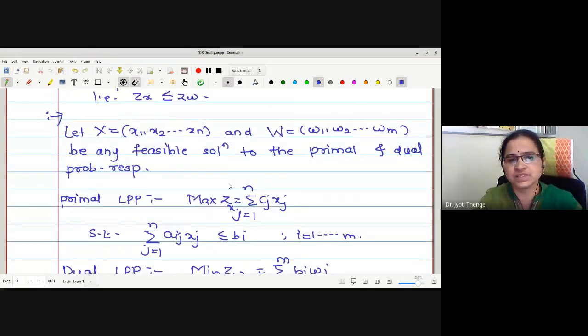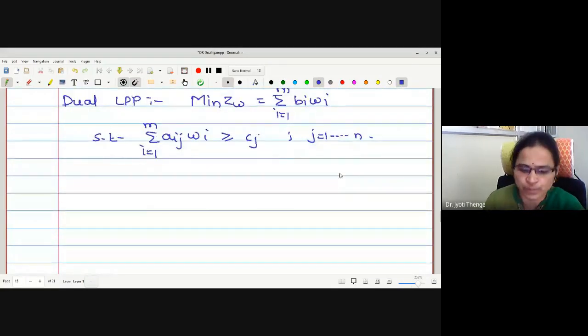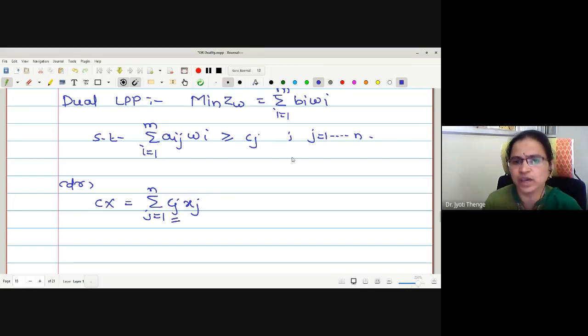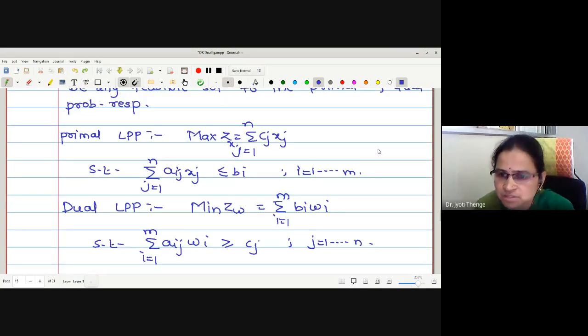Now we will start with the left hand side Cx, and we will prove that this is less than or equal to B transpose W. The proof is very easy, in 2-3 steps only. Let me start by considering Cx. What is Cx? Summation j equal to 1 to n of Cj xj. I will give numbering to every constraint: 1, 2, 3, and 4.